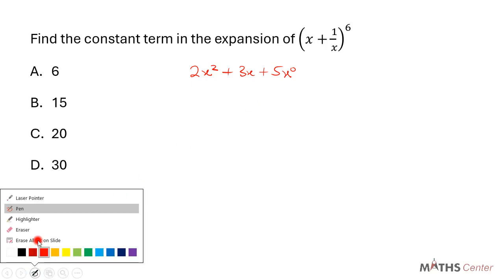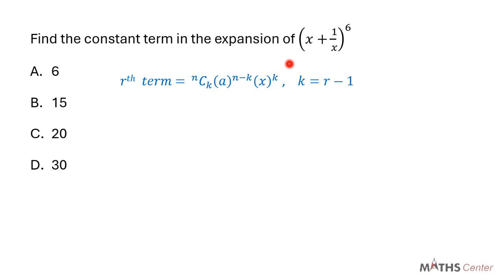Let's start. We have learned that if you have a binomial expression of the form (a + x) exponent n, then a term in the expansion of the binomial expression will be given by n combination k, a exponent n minus k, x exponent k, where k is equal to r minus 1.